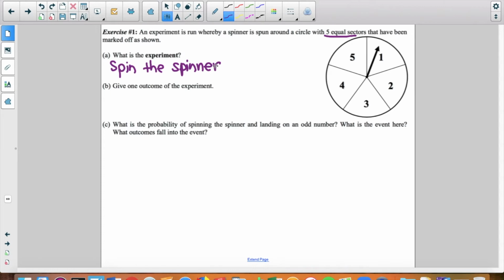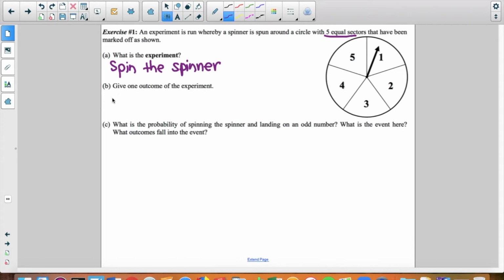Give one outcome of the experiment. If we were to spin this spinner, an outcome, for example, would be to land on 4. It could also be to land on 3 or 1. Any of these numbers is an outcome of the experiment.